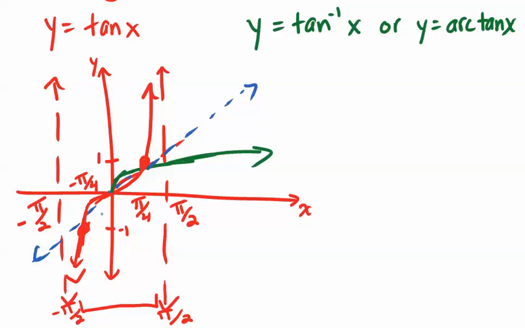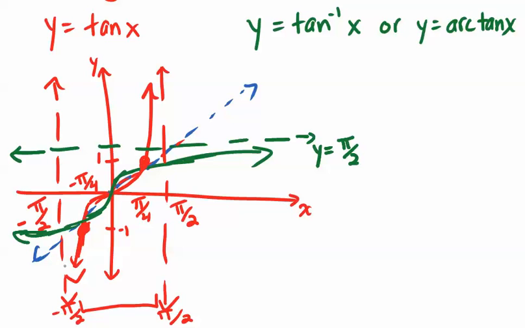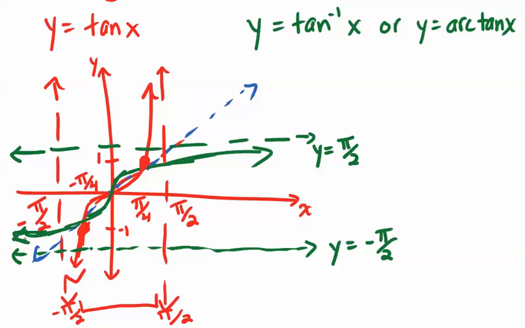I want to flip this across the 45-degree line. So while our tangent function had vertical asymptotes, now our arctangent function has horizontal asymptotes, and they are at the values of y equals negative pi over 2 and y equals positive pi over 2.